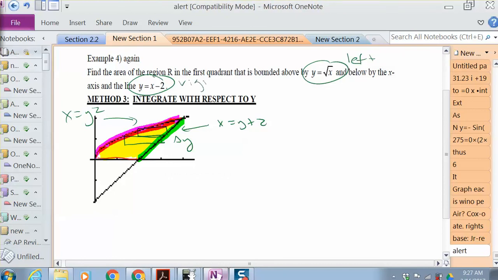But you had to rewrite them as x in terms of y, because consistently one of the curves is to the right of the other, whereas doing upper and lower, you have two lower boundaries. So that's why it's better to do it this way if you can. And our limits of integration will be from 0 to 2.